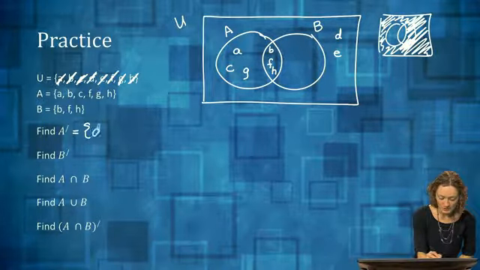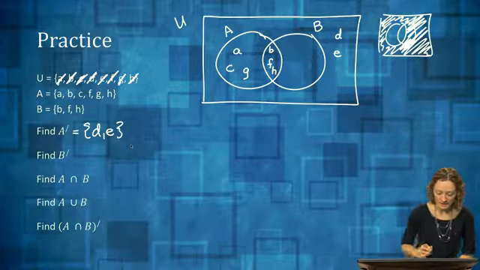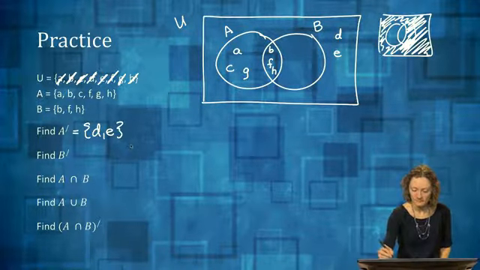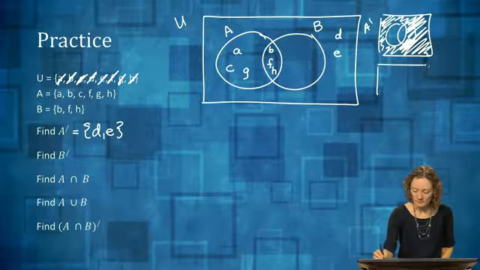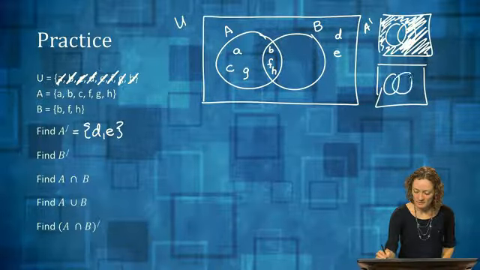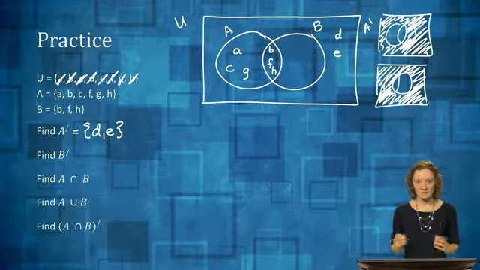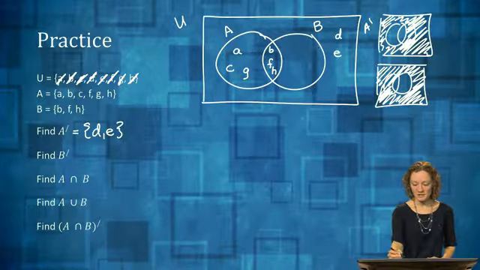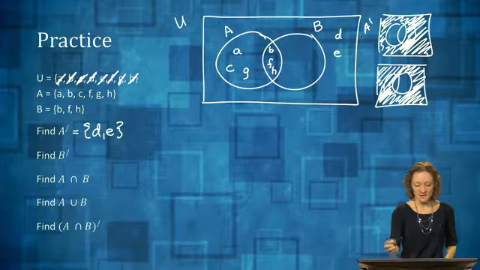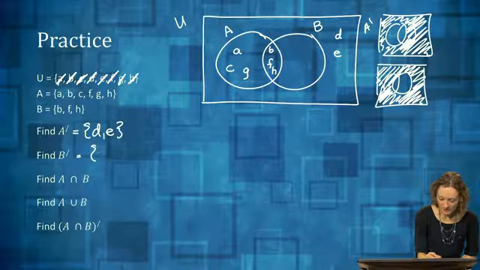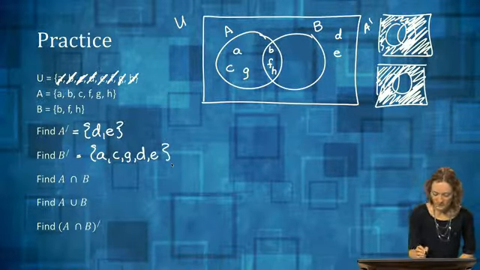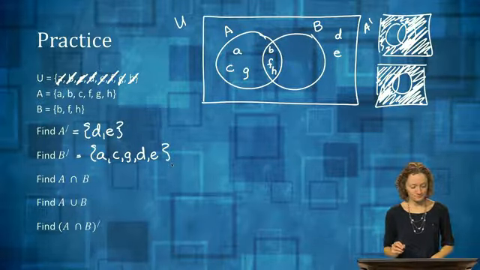In this case would simply be D and E. If we want B complement, we want everything outside of B. So here's B. We want to shade everything on the outside of it. We're looking for just the items that fall in this shaded region. So here's B, everything outside of it. In this case, we have A, C, G, D, E. The order of those elements does not matter.